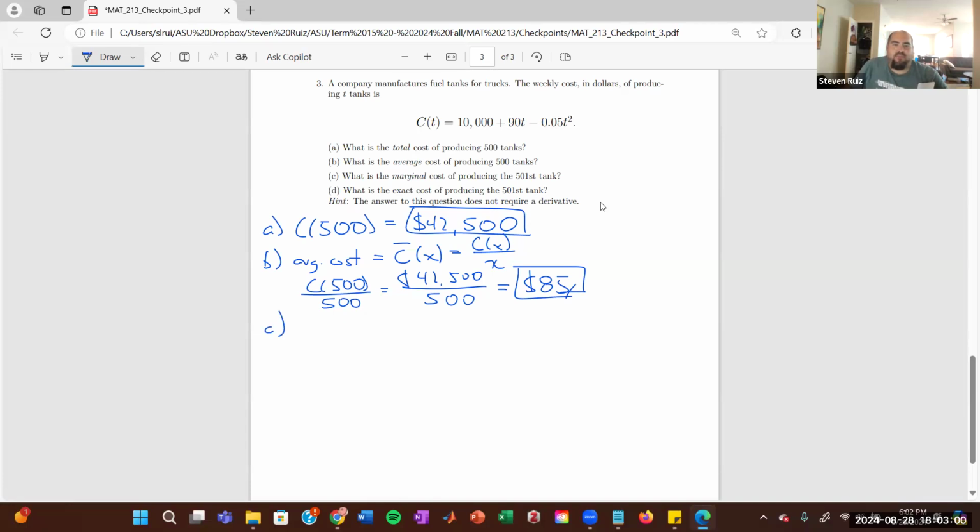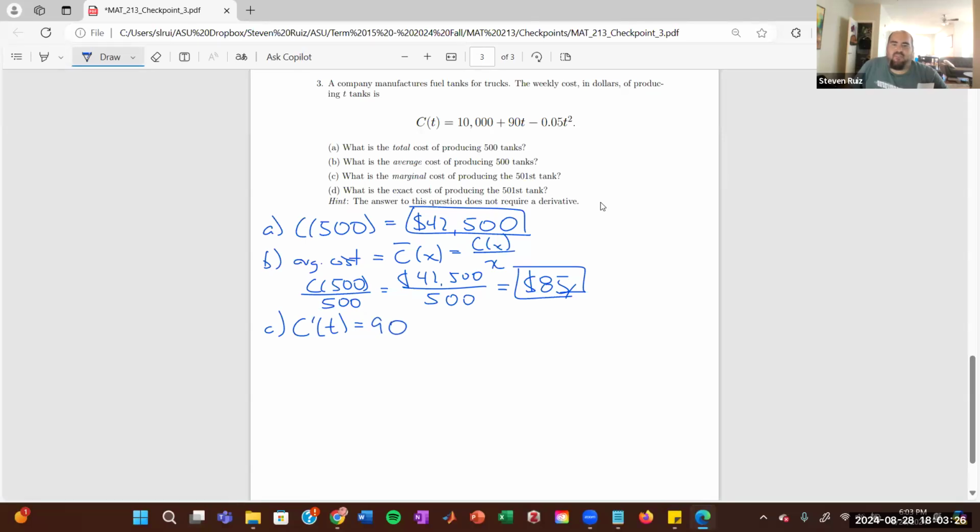All right, next thing I'm asking you about is the marginal cost. The marginal cost is the idea that does require a derivative, so let's find that derivative. Again, we're going to use the power rule. C prime of t is equal to, what's the derivative of 10,000? 10,000 is a constant, so its derivative is 0. The derivative of 90t is 90.